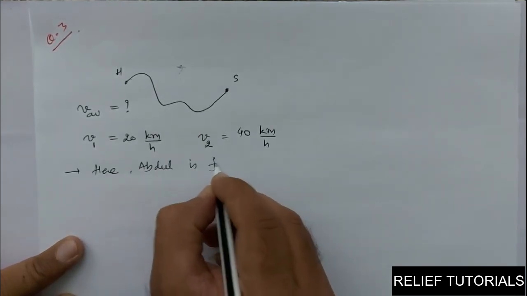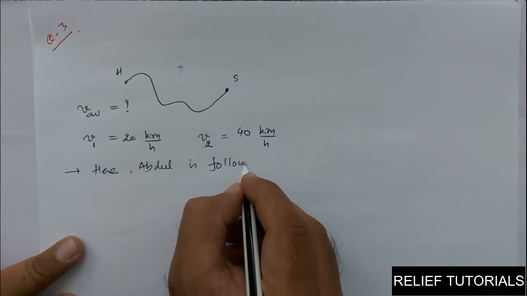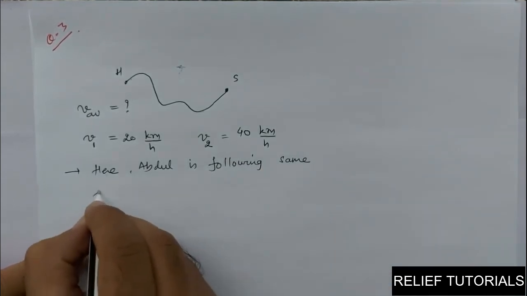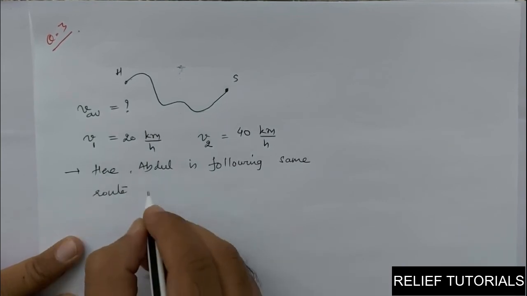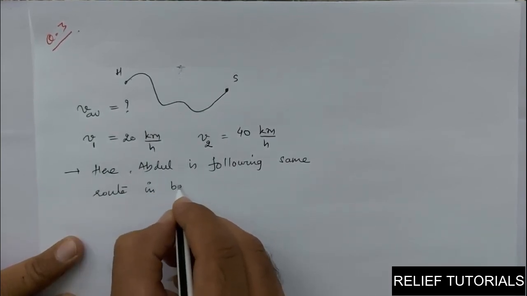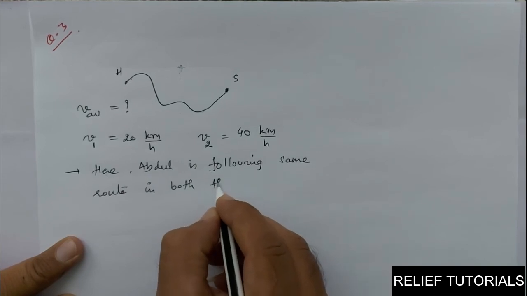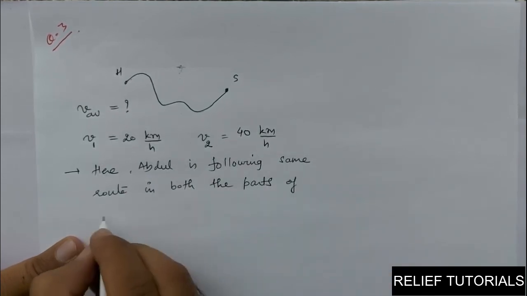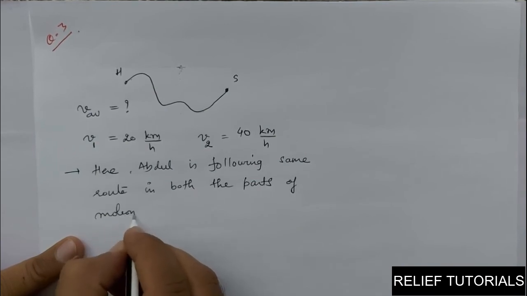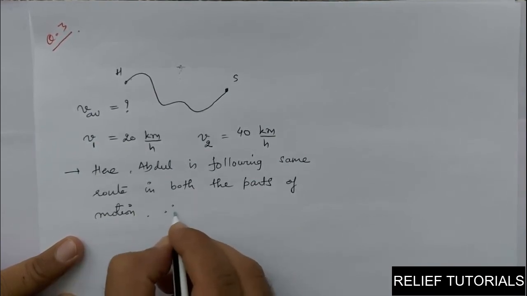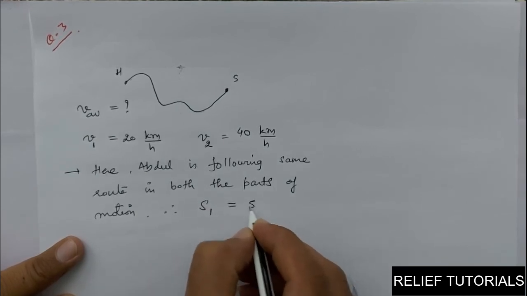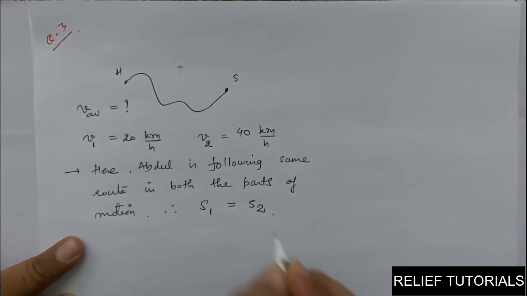Abdul is following the same route in both the parts of motion, therefore distances are the same. So can I say S1 is equal to S2?